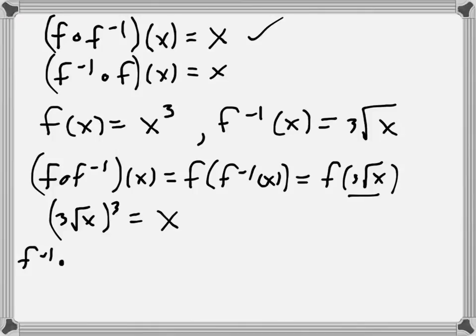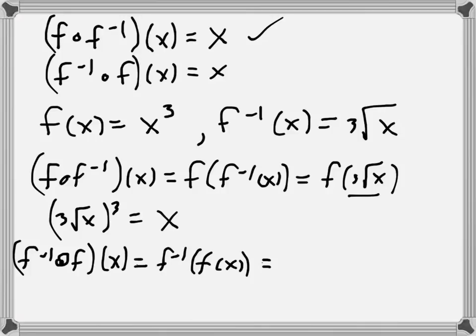But it should also work in the other direction, because we learned earlier that when we compose two functions, f of g of x is not necessarily the same as g of f of x. And that's supposed to be an open circle over here, not a closed circle. So in this case, I'm doing f inverse of f of x.